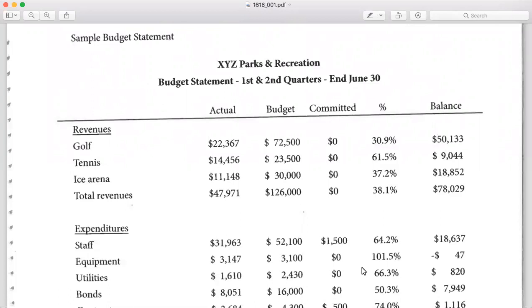The first one is the income statement, and we're going to cover that and the balance sheet today. So let me tell you what the four are. There are the income statements, the cash flow statements, the balance sheets, and the break-even analysis.